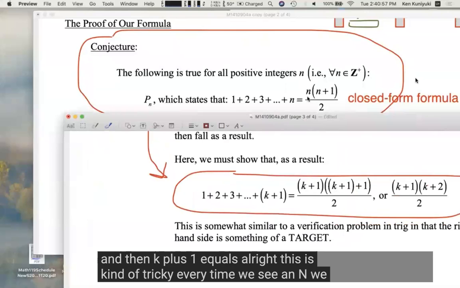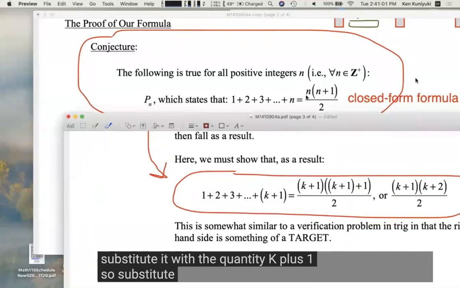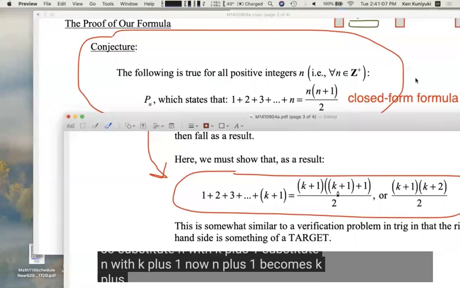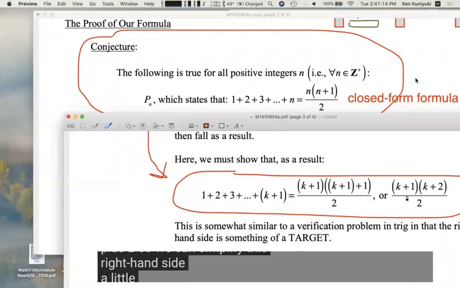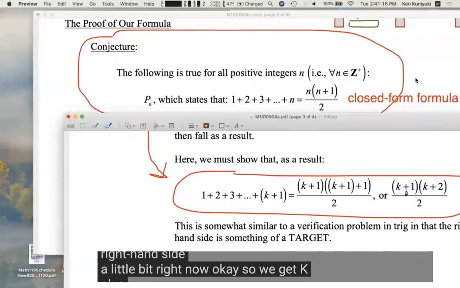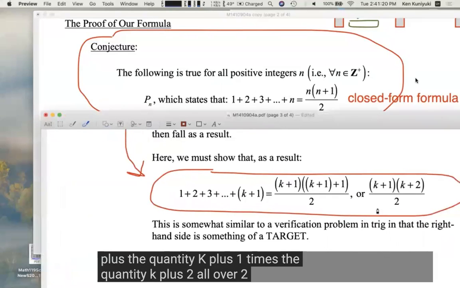Every time we see an n, we substitute it with the quantity k plus 1. Now n plus 1 becomes k plus 1 all plus 1. Well, that becomes k plus 2. So we can simplify this right-hand side a little bit right now. We get the quantity k plus 1 times the quantity k plus 2 all over 2.